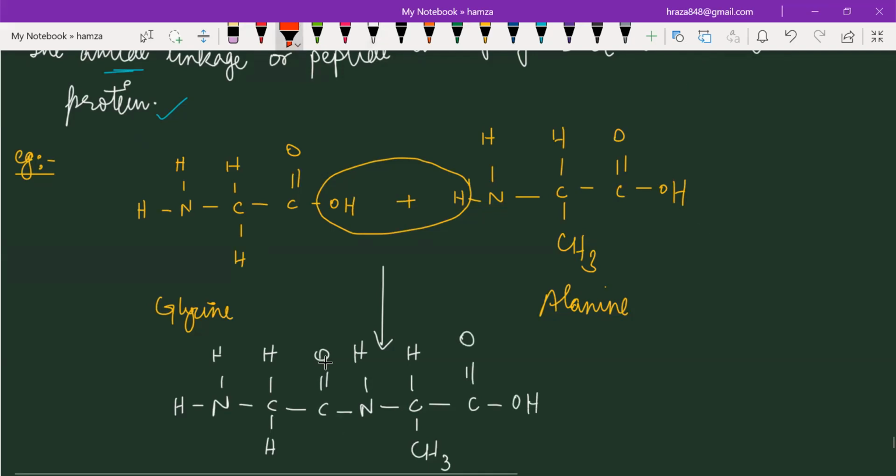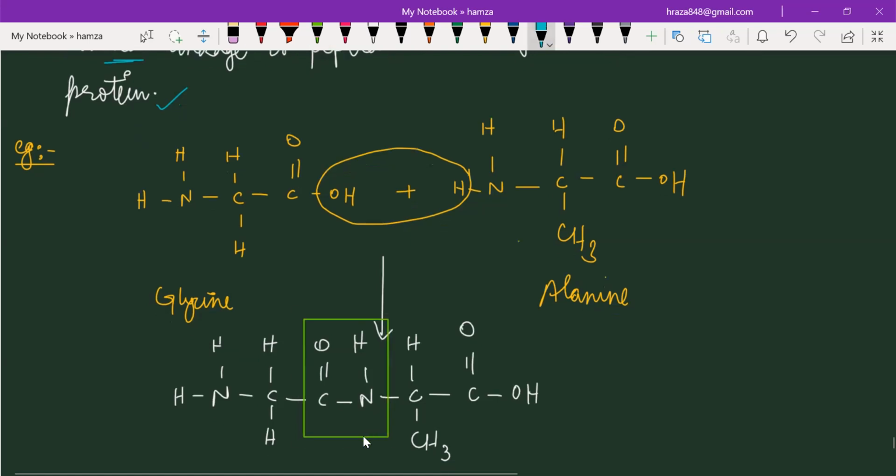So this part basically is the linkage, and this part is also known as dipeptide. We write it, the first is gly, so we will take gly, and the next alanine. So this compound is known as gly-alanine.